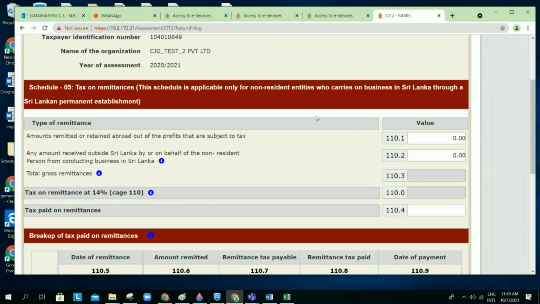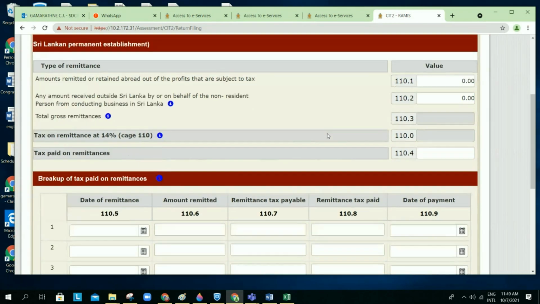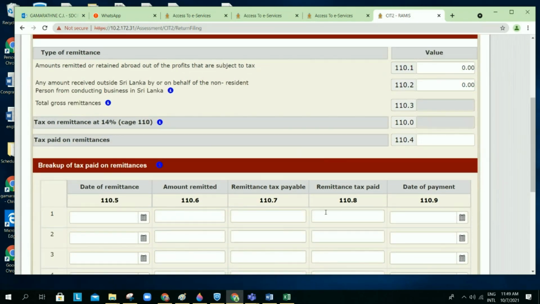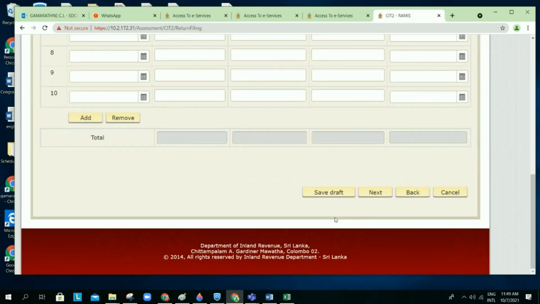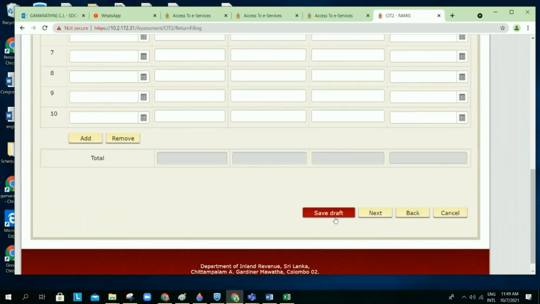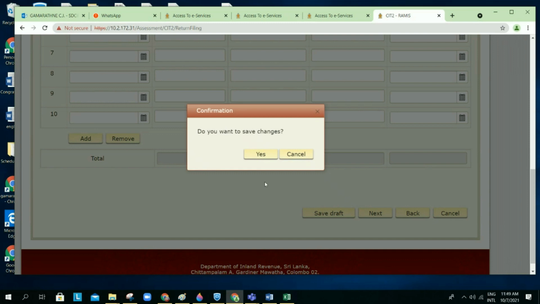If there is an amount remitted abroad out of the profit, then you have to declare it here, and you need to declare the breakup here. And as per our example, there is no remittance tax. It is a resident company. Therefore, we go to the next schedule.